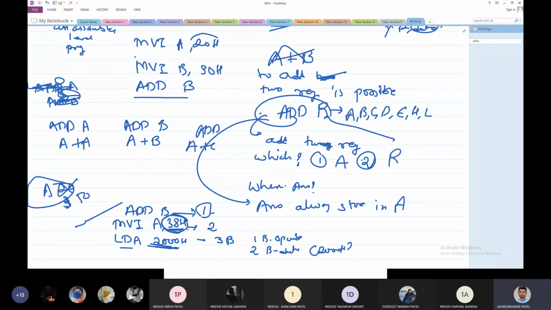Now, a second secret. If your instruction is 1 byte having only the opcode, then 99% of the time there would be only a single operation, and that is opcode fetch only. If you have only a 1 byte instruction like this, there would be only one cycle, and that is opcode fetch itself. No other cycle would be involved.